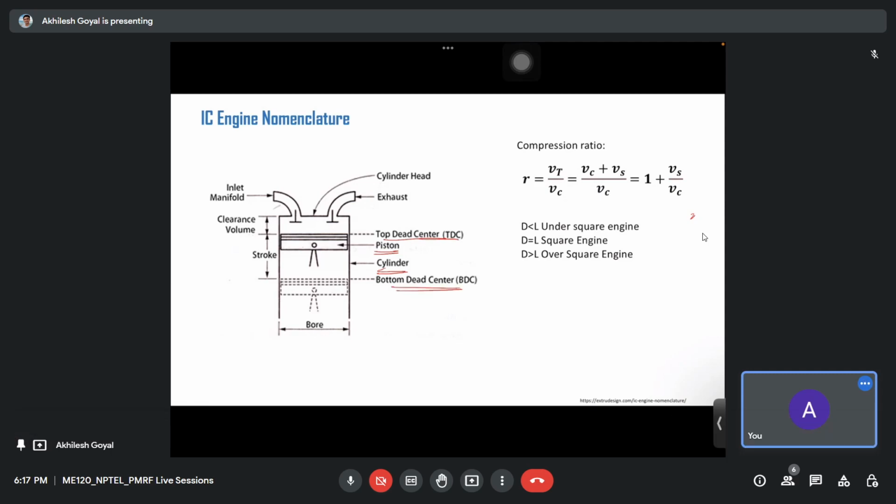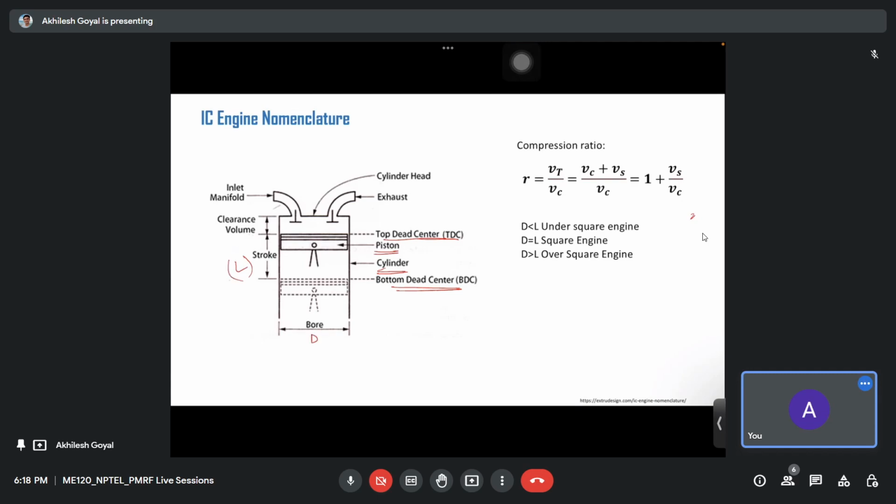Below the bottom dead center it doesn't go. So a piston moves between the bottom dead center and top dead center only, and the distance between them is called stroke, that we write as L, and the diameter of this cylinder is called bore, that we write as diameter D.